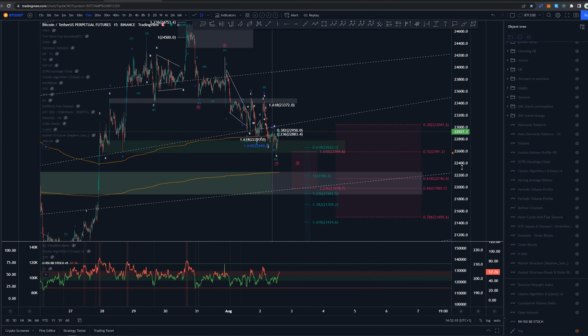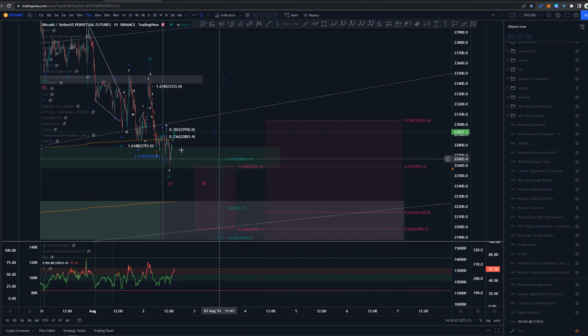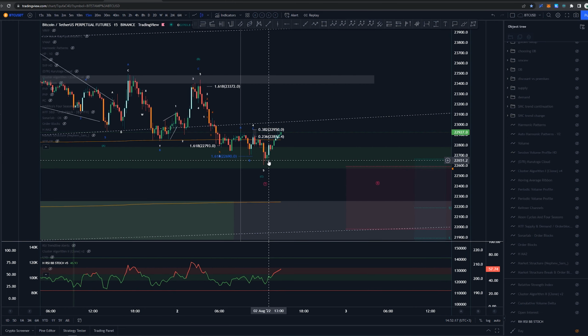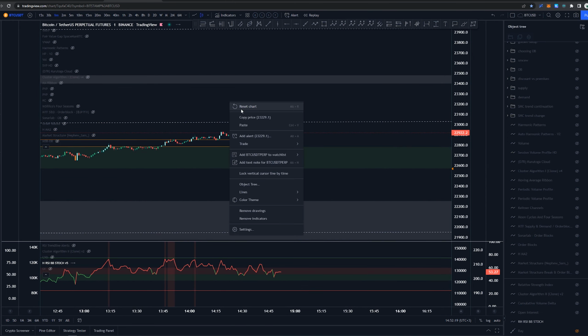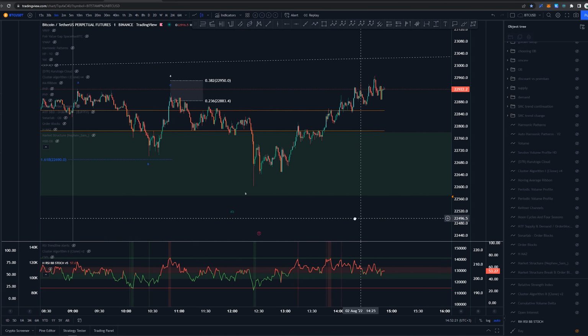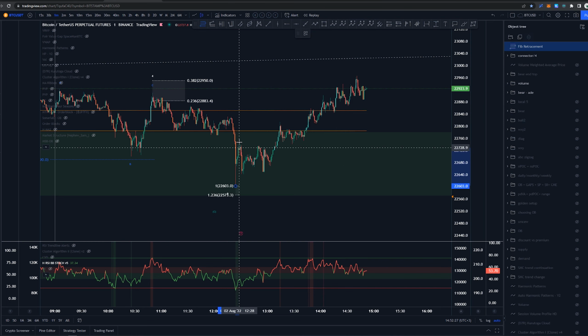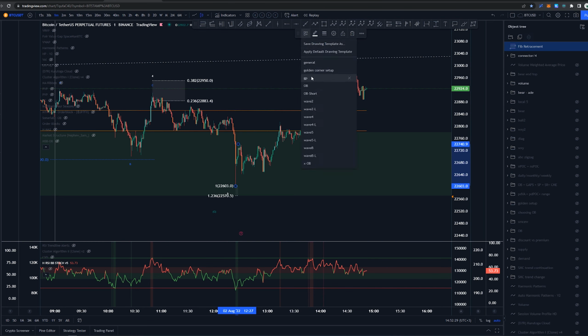I did take a long position at almost these lows. I think I had it on this pullback. Let me see. I think I was watching the 1 minute. I think I was having it here. It was a pretty good entry. So I was looking at the golden pocket here.